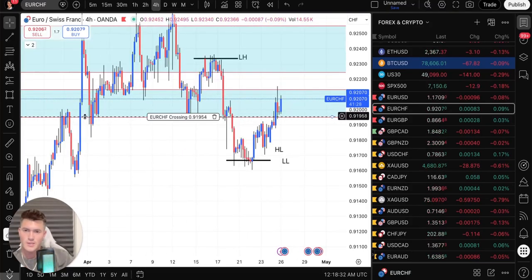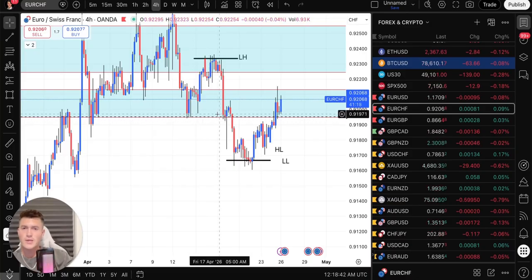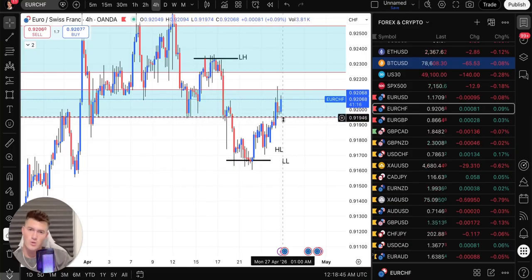So in the daily, this dotted line right here where I have my alarm is where the neckline of that head and shoulders is. We want to be below that neckline.